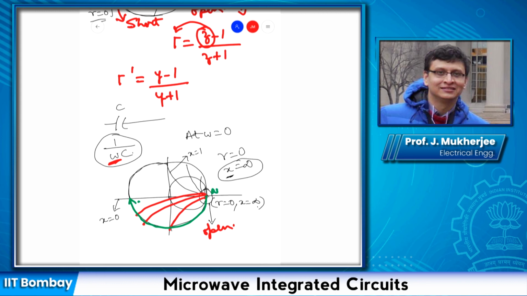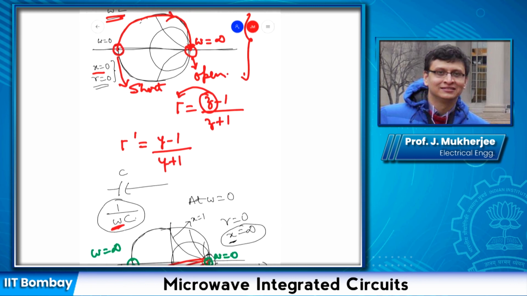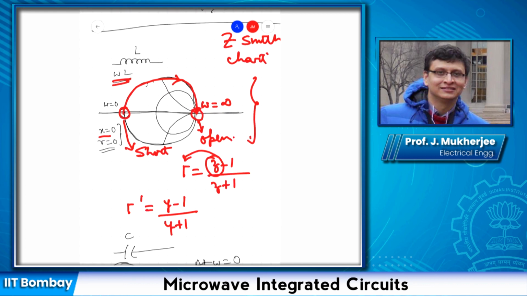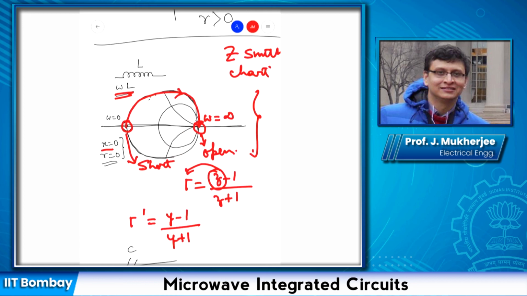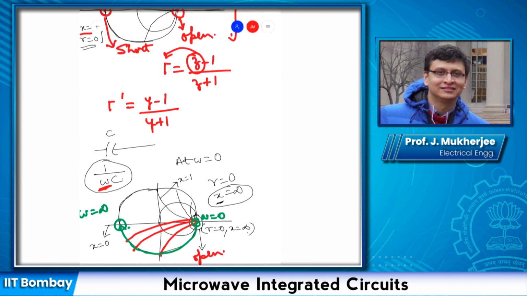So at omega equal to 0, we start from here and we reach this point at omega equal to infinity. So it is kind of like the opposite of what happened for this inductance. While for the inductance we started from here and went here like this, for the capacitance we followed the bottom half, followed the circumference of the lower hemisphere.